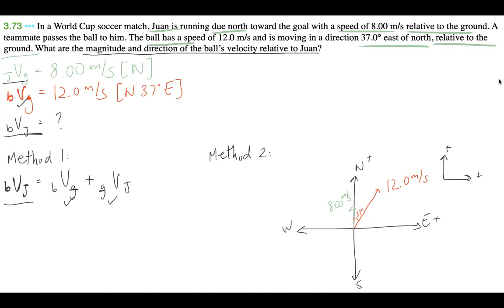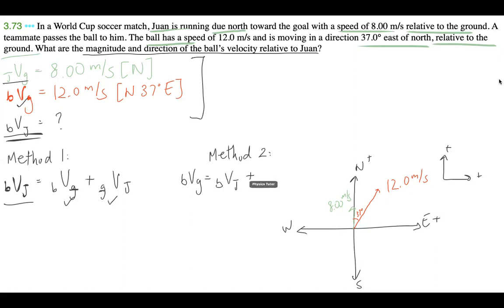Now, two, what's the other thing we could do? Now, the other thing we could do is we can use the information right over here, and we can see what equation naturally comes to be, and then isolate for this. Okay, so in this question, I'm noticing that we have ball relative to ground. We need to solve for ball relative to Juan.